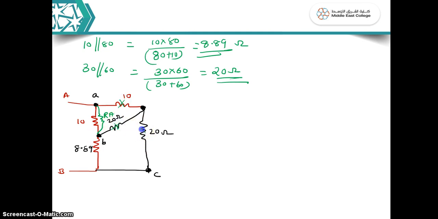Between B and C, you have RB. Between A and C, the resistor is RC. Now you need to calculate the values of RA, RB, RC. I'll replace the Y network by the delta network and draw the equivalent circuit.